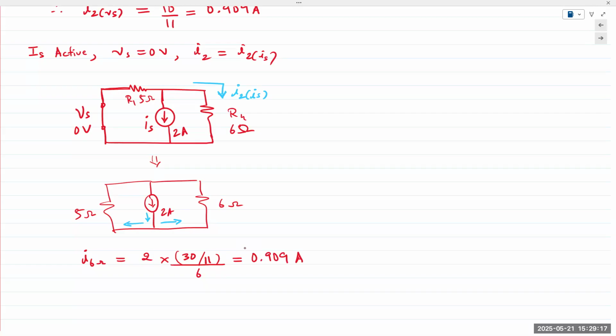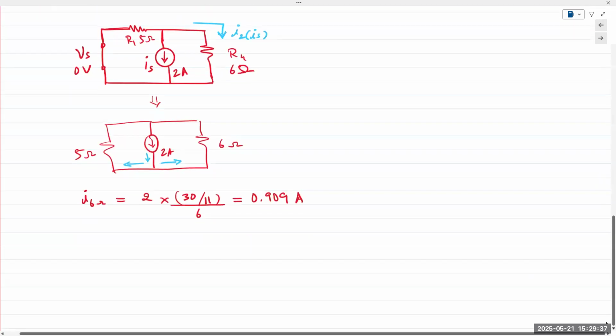I found I2 due to VS. I found I2 due to IS. Superposition principle is we break it up into individual pieces. Once we find individual parts, we need to sum it up again, right? So we had one single quantity, we broke it up. Now we have to join it together.